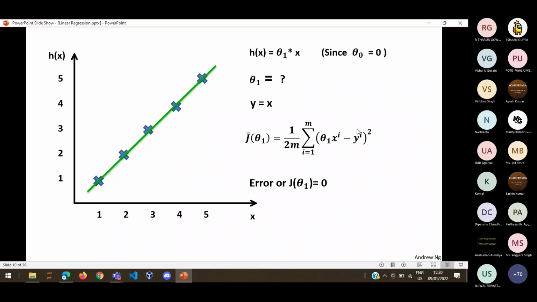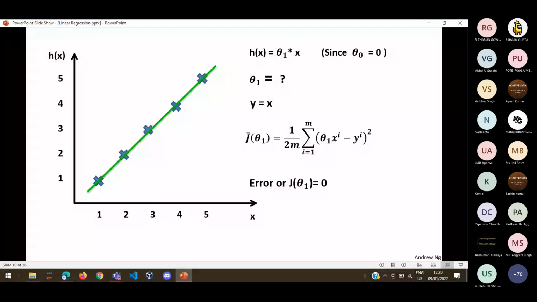So this is the minimum cost you can get, but you are not going to get the minimum error function value in just one guess. Multiple guesses will be made, and these guesses are not based on some random strategy. They are based on a strategy, and our ultimate strategy is to minimize this cost function.